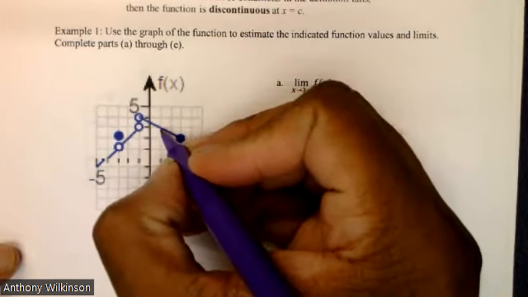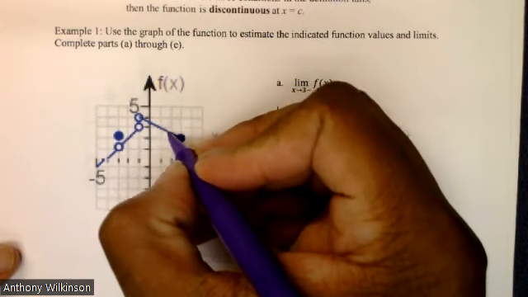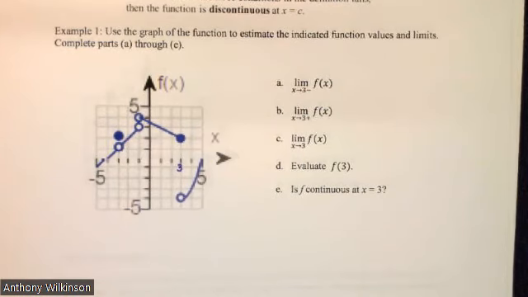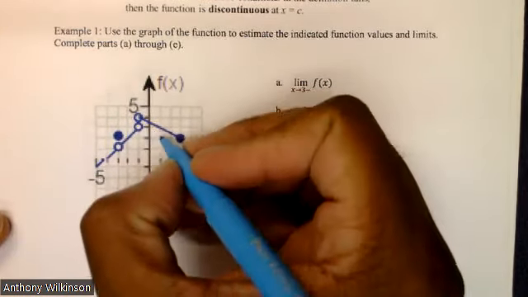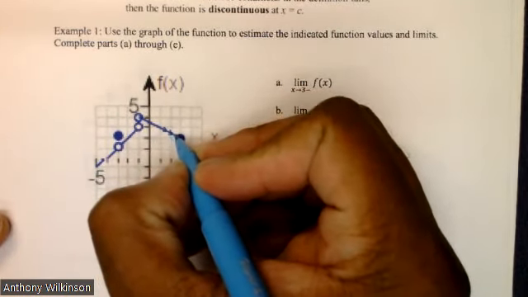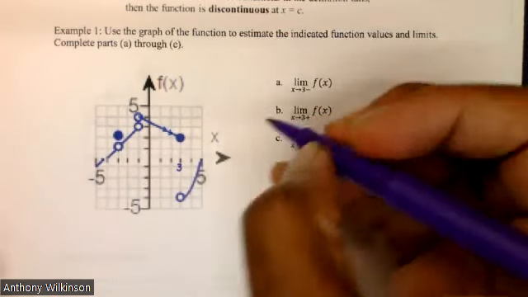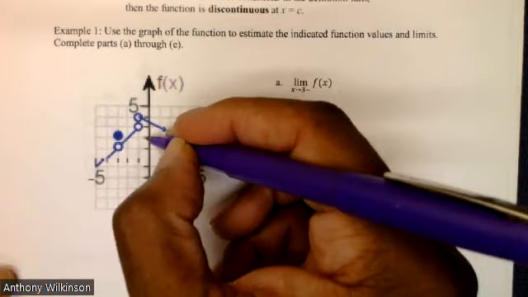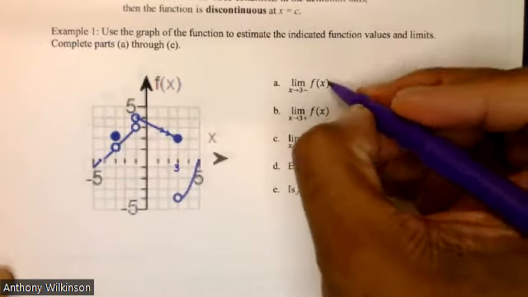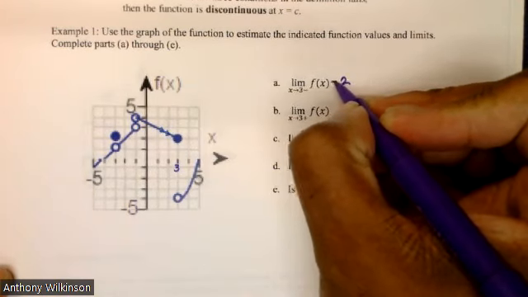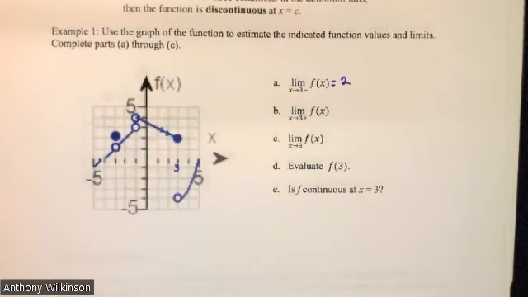So we're coming in from the left of 3, which is this part right here. We're looking at the graph itself. From the left of 3, the function value will be approaching 3. Actually, correction, it's approaching 2. So the limit as x approaches 3 from the left of f of x is equal to 2.